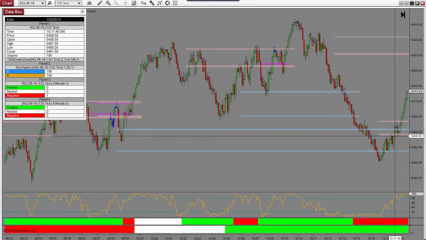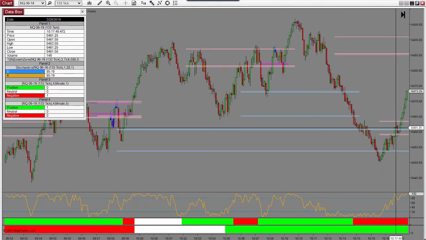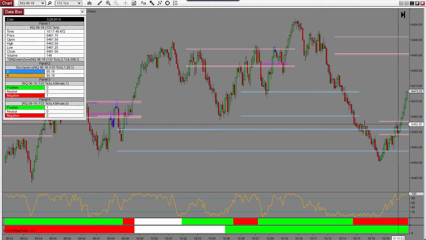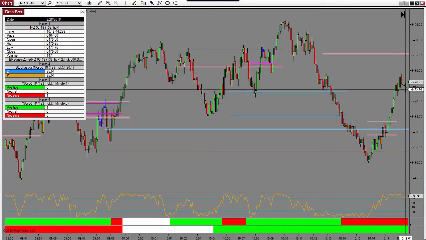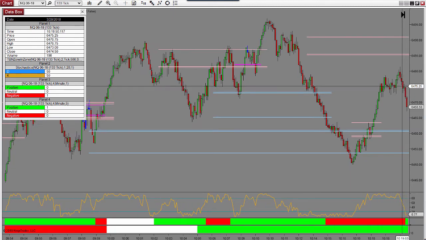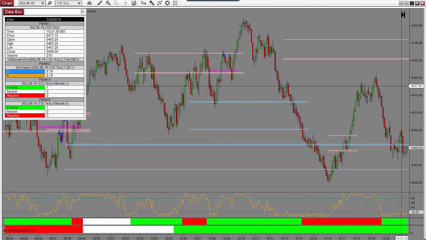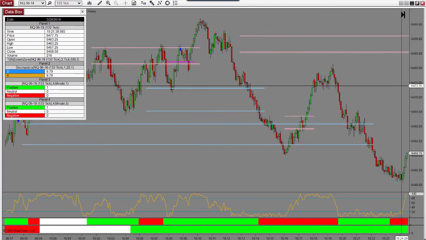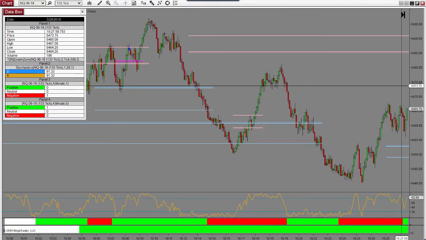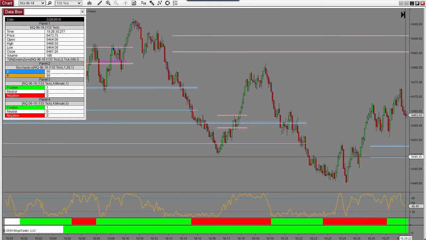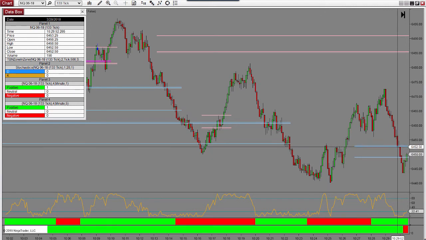Okay, so can I take a trade here? Well, I can if I get divergence. But as you can see, that doesn't happen, and the zone is gone. Okay, I can take a trade in here. So my entry would be, oh, look what happens.